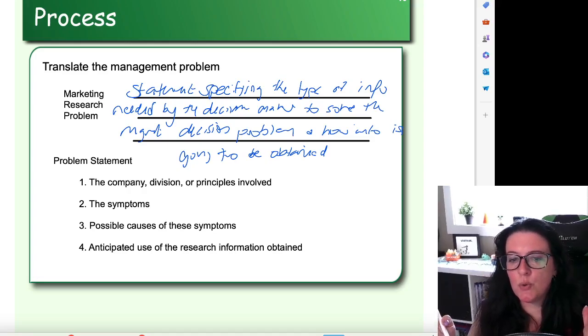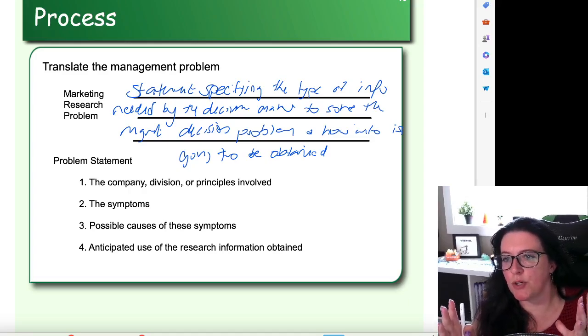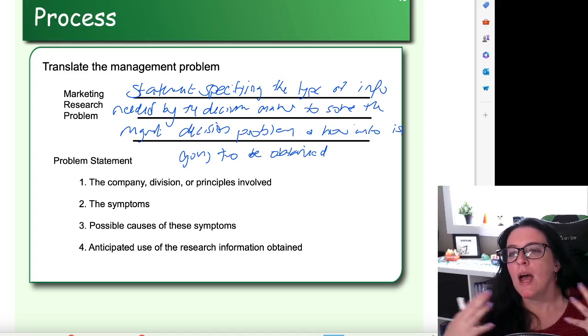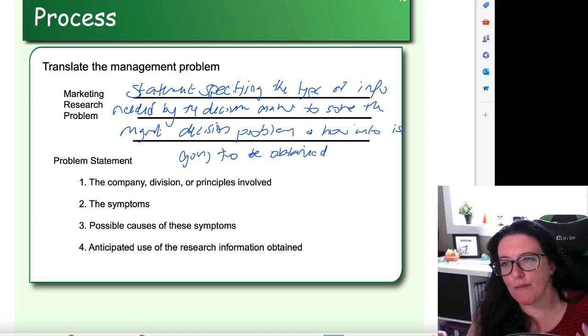They're going to help to narrow down the research. We're going to be focusing on these particular issues and identify anticipated use of the information that we've obtained. So the management decision problem is going to be a lot more generic, more general, broad in scope, and your marketing research or your research problem is going to be much more narrowed.